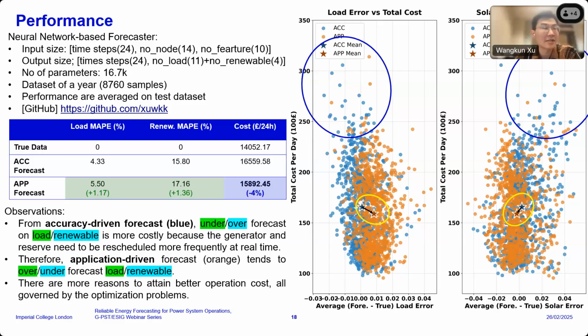I think that might not be very related to the application-driven forecast, but there are certain techniques, for example, to improve the resolution of the time series data. Imputation is definitely a solution, and also you can train a more dedicated neural network or machine learning model to fit this kind of task.